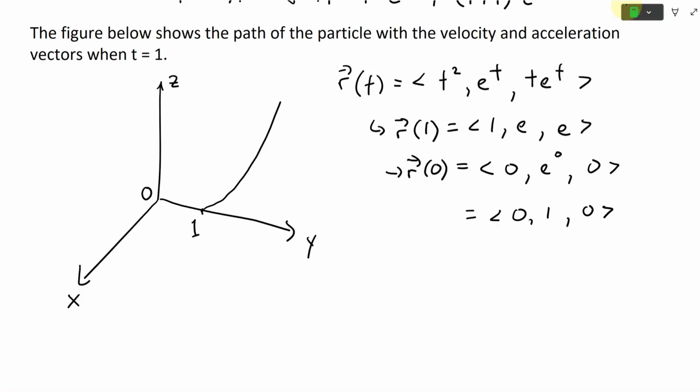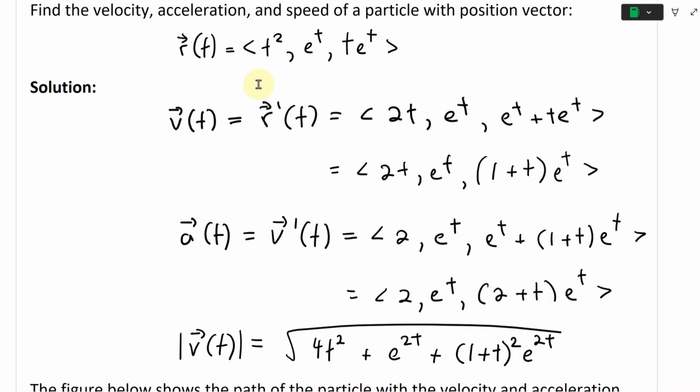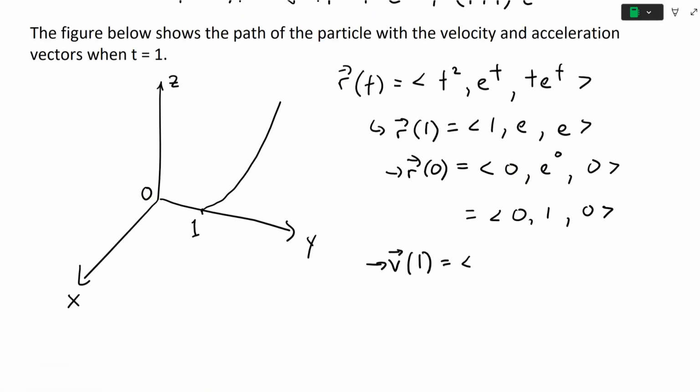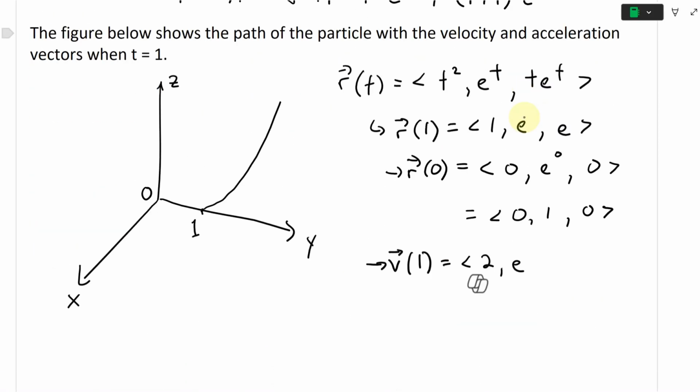The velocity vector at 1, v of 1, equals, and that's this part right here. So 2t, so at 1 it's 2, then e to the t is just e, then this one here, 1 plus t, e to the t. In other words, that's going to be 2, e, then 1 plus 1 is 2, so 2e.